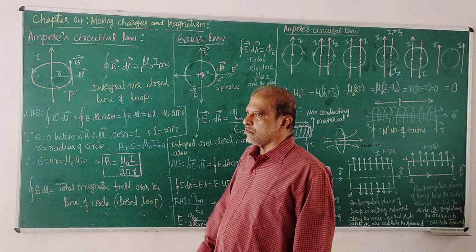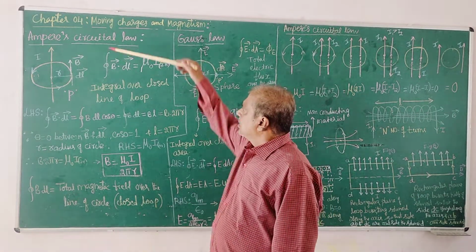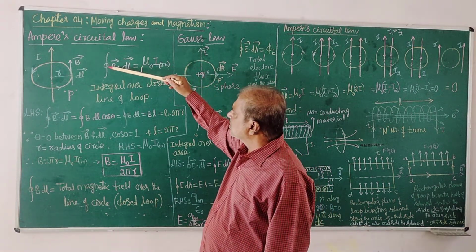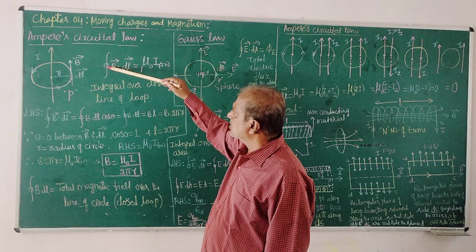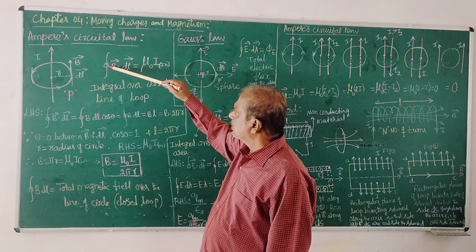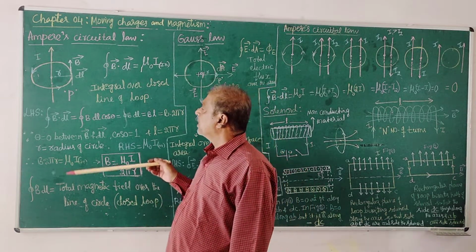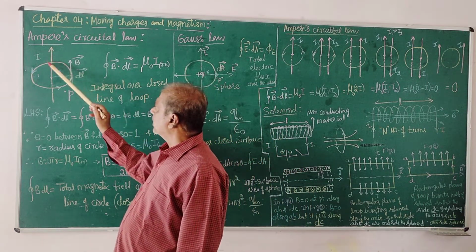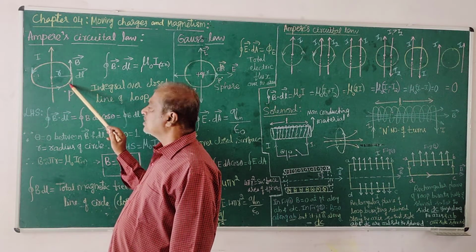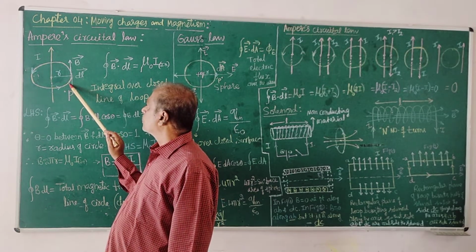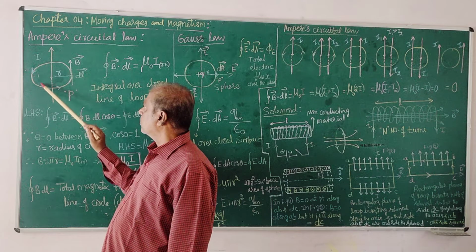And one more thing we have to understand. In the integral we have one symbol, that circle. What is the meaning of this circle? It is an integration over the entire line. This line is what? A closed loop. It is a circular loop.